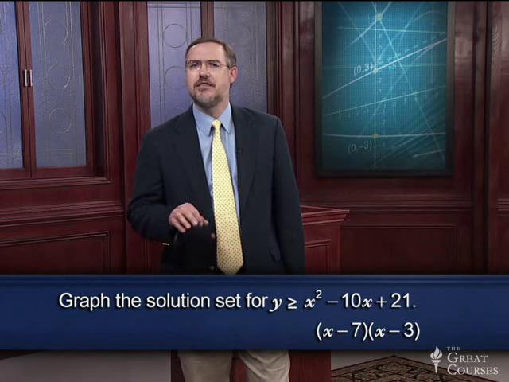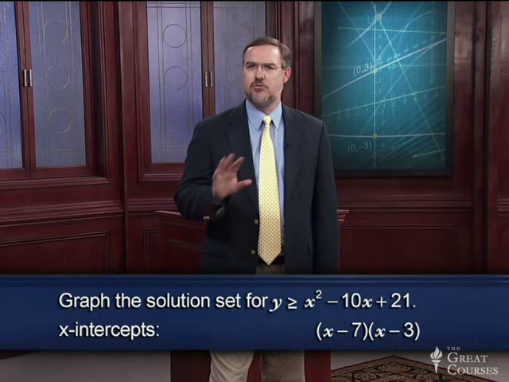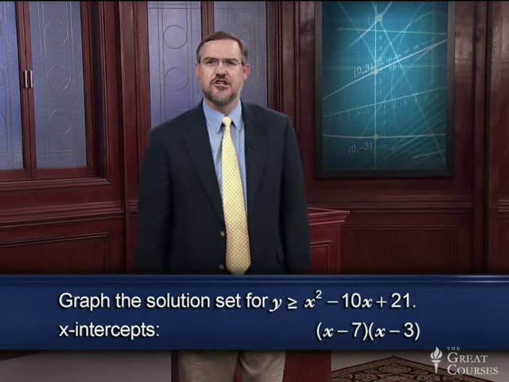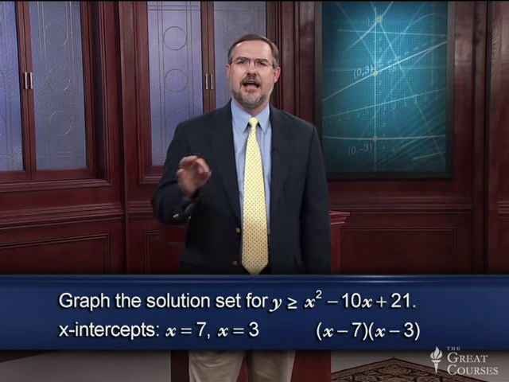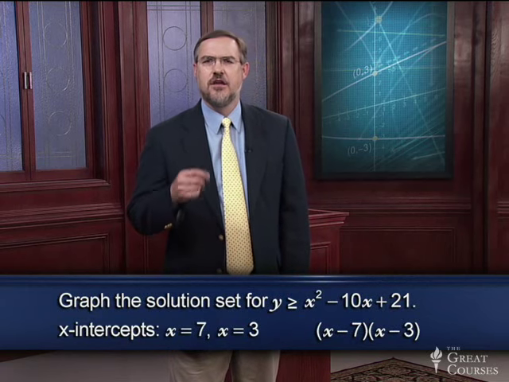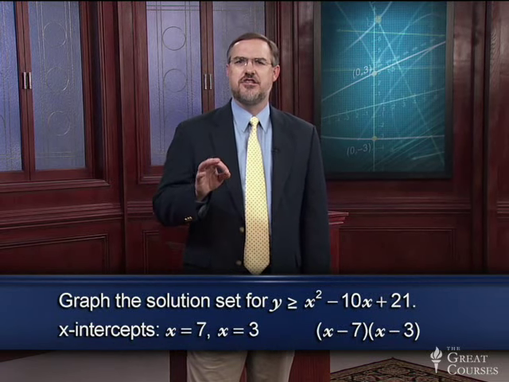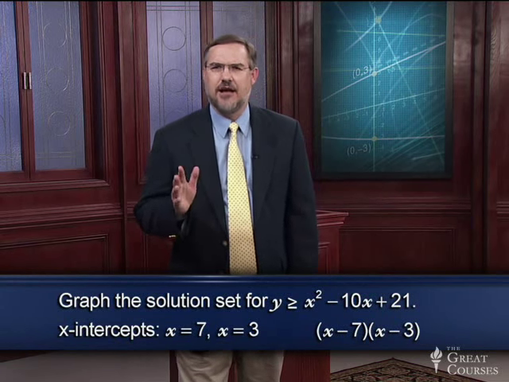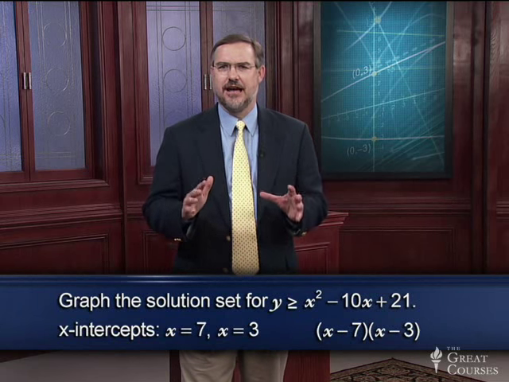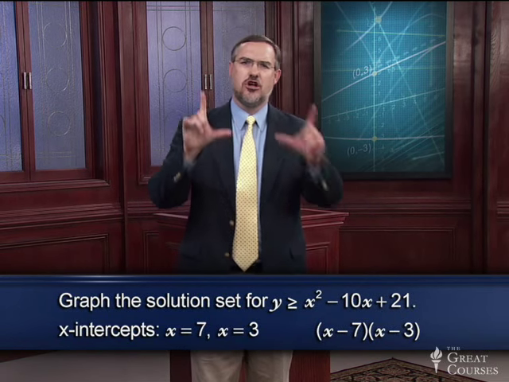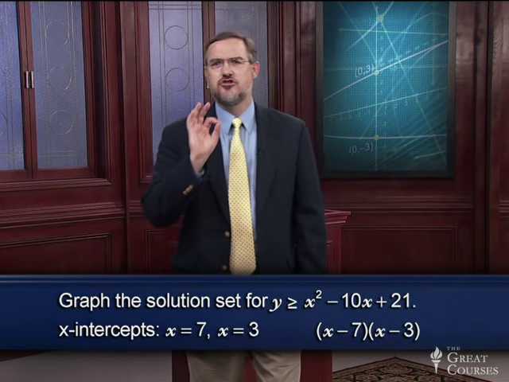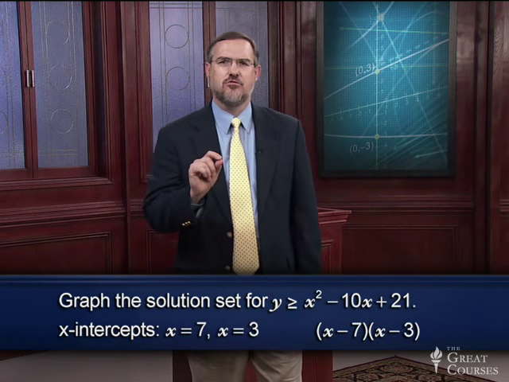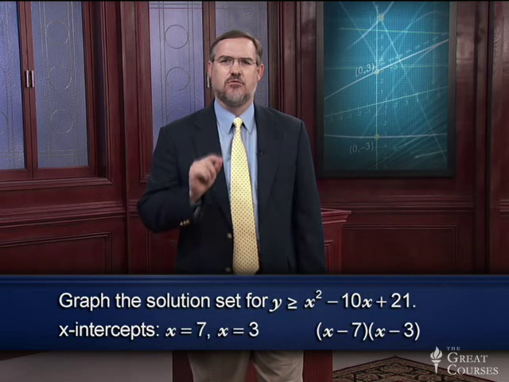And what does that mean about the intercepts of the parabola? We talked about this a couple lessons ago. They must be at x equals 7 and x equals 3. So if we just wanted to get a decent sketch of the graph, and we weren't real careful about it yet, we could draw this U-shaped parabola which goes through these two intercepts, x equals 3 and x equals 7.